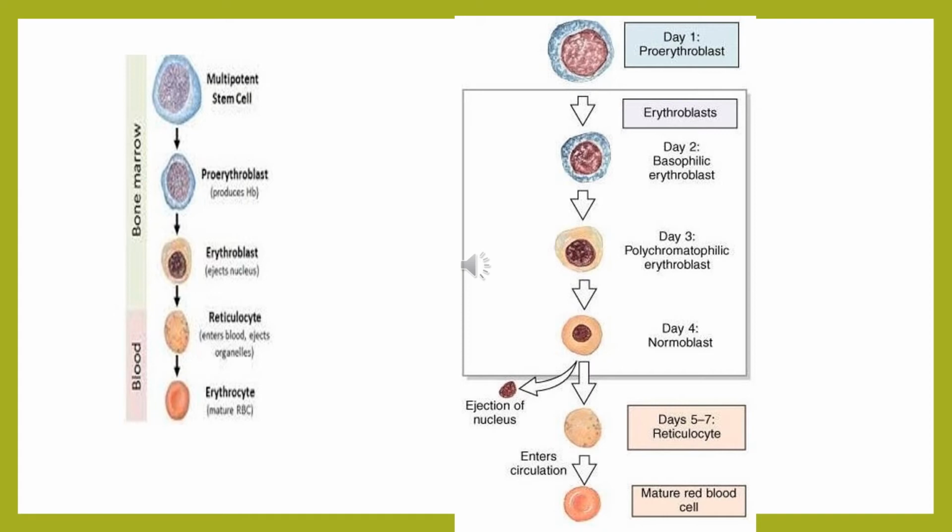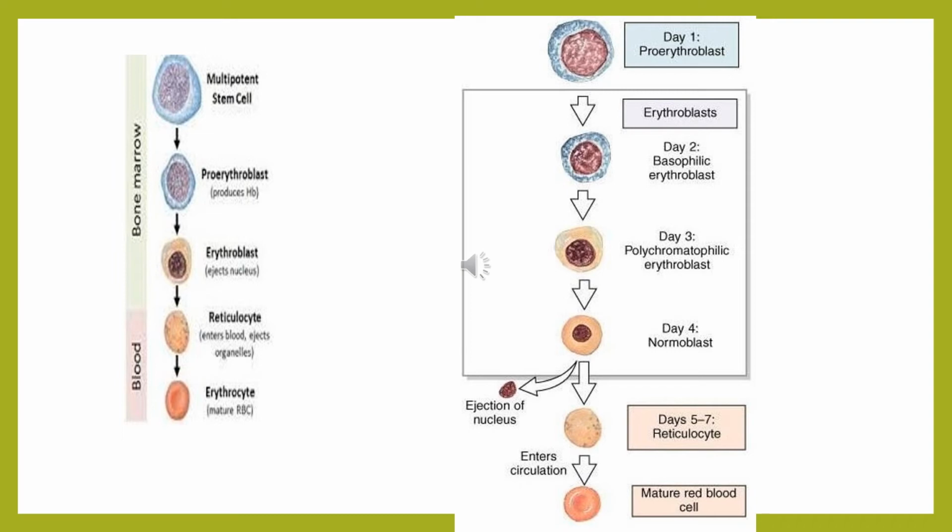Then that proerythroblast on day number 2 gets converted into basophilic erythroblast. On day number 3, it gets converted into polychromatophilic erythroblast. On day number 4, it gets converted into normoerythroblast.